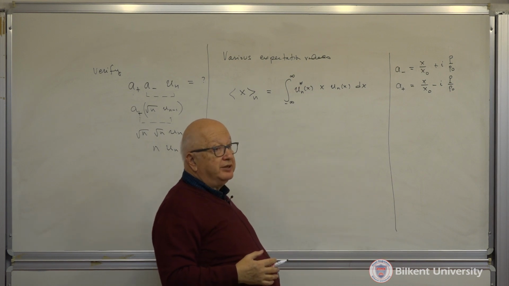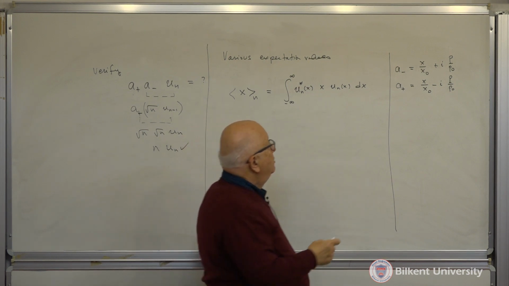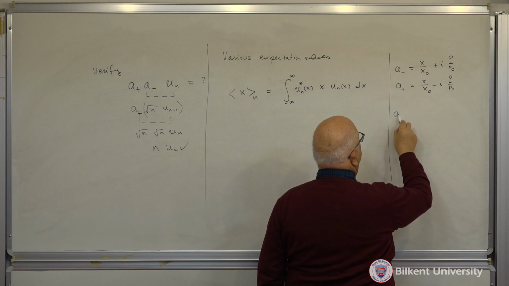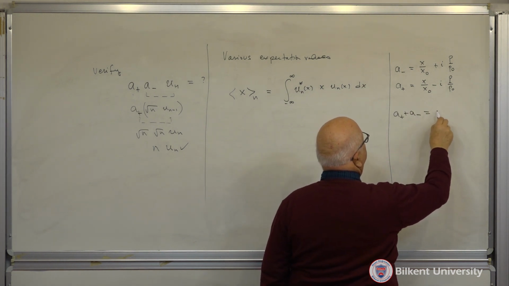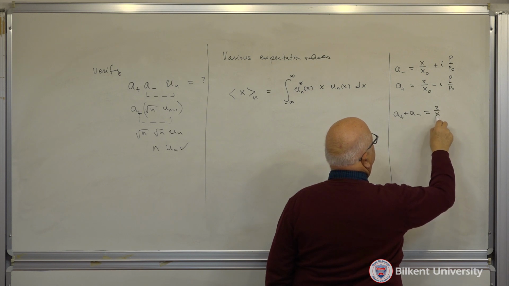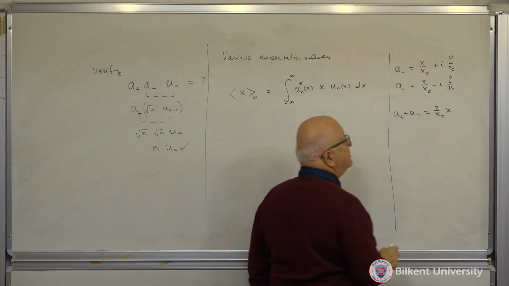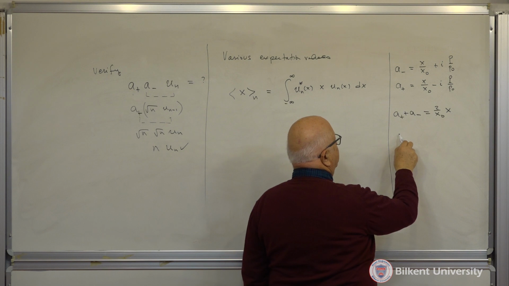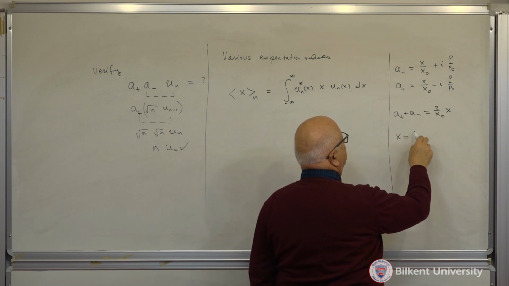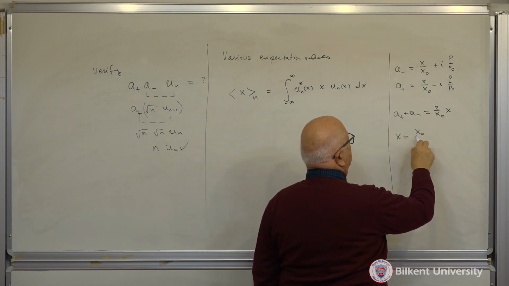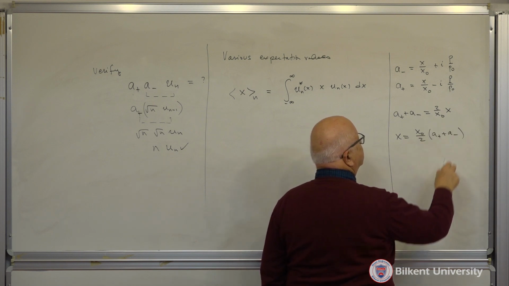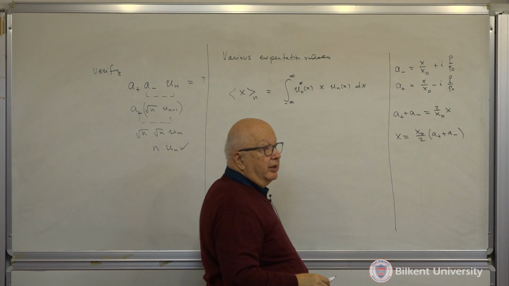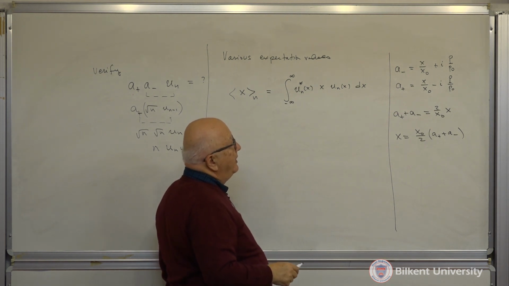The momentum terms cancel, right? So I'm going to get a plus plus a minus is equal to 2 over x0 times x. Or I can write x is equal to x0 over 2 times (a plus plus a minus). I can do a similar thing for the momentum, right?